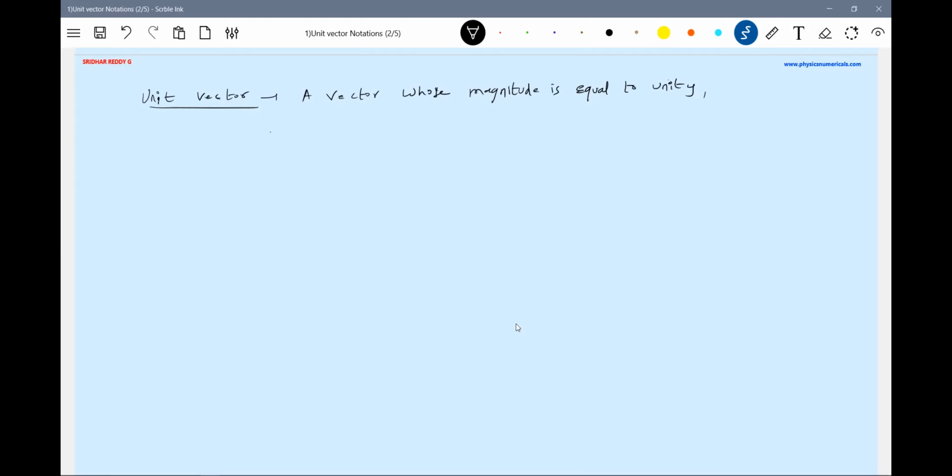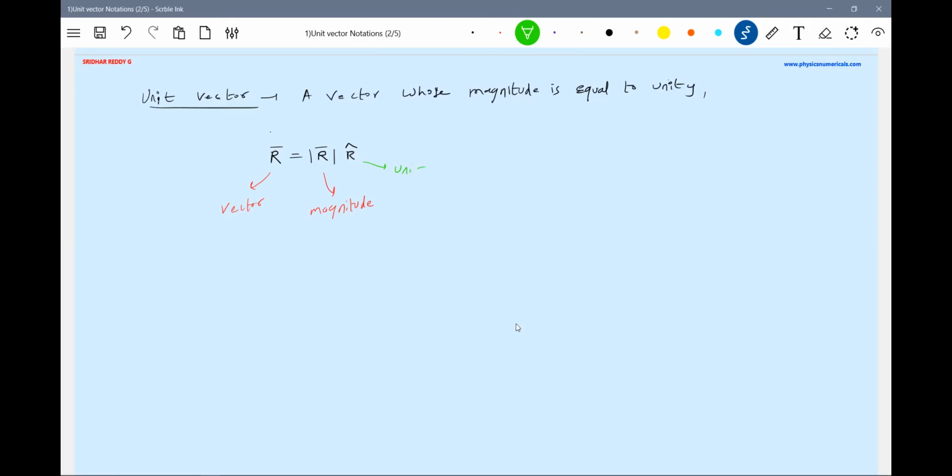So in general, if there is a vector r bar, we can write this vector r bar as mod of r bar into r cap. This cap indicates it is a unit vector. So this differentiates: this is a vector, this quantity is the magnitude, and this quantity is the unit vector.